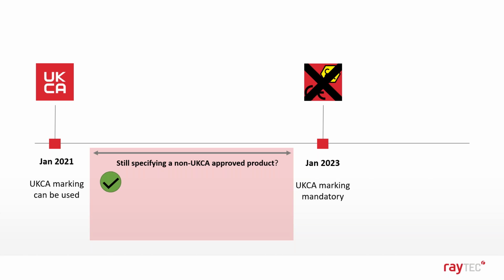But is that product certified to the old editions of the standard? And will it still be available on the GB market after January 2023? And at that point, will it still be compliant? And you really have to consider the ongoing scope of work beyond 2023.